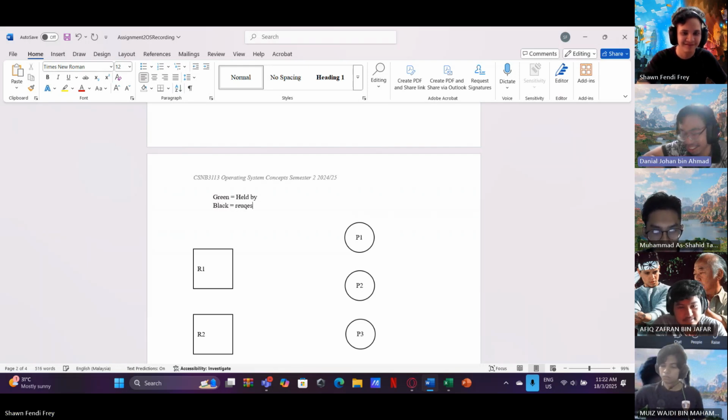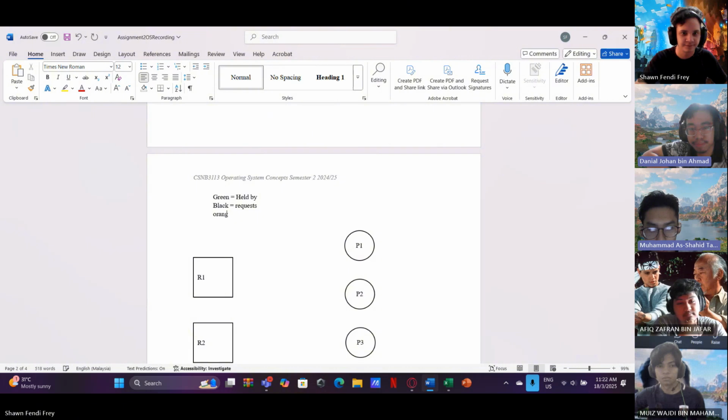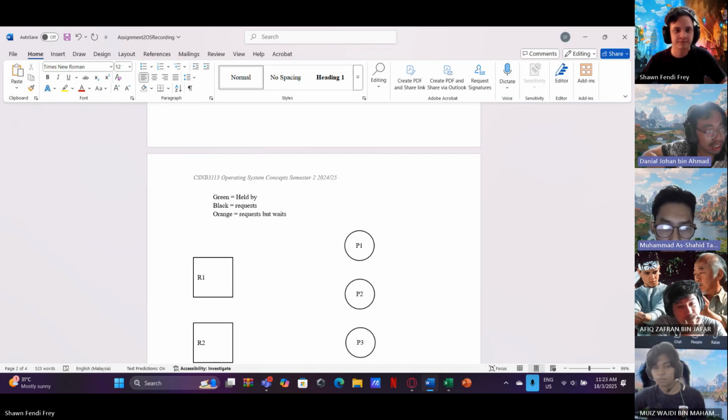As you can see here, Sean is drawing the RAG, the resource allocation graph, showing which process is holding which resource and which is waiting to request resources from where.